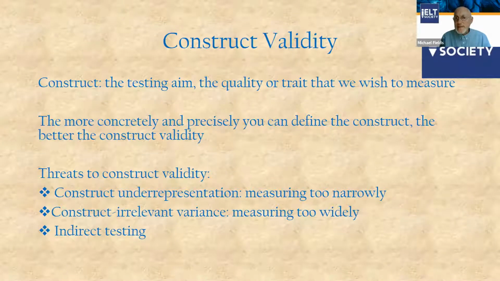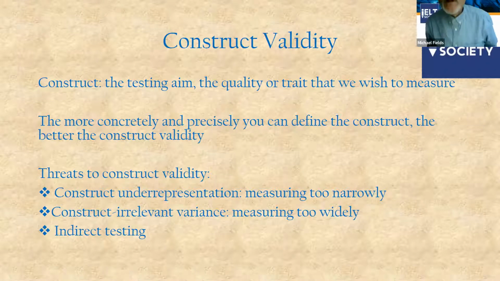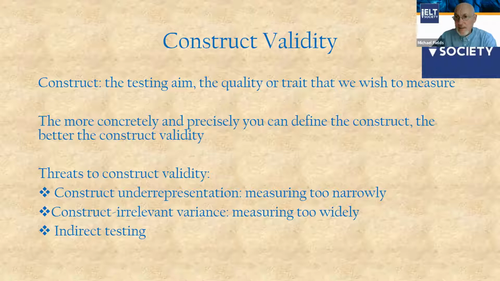Construct irrelevant variance is just the opposite, measuring too widely and including things in our test that we don't aim to measure. So if we're trying to, for example, measure students' ability to read, and we give them a reading text that they've never seen before in a timed testing situation in which there's a lot of special vocabulary about cars.